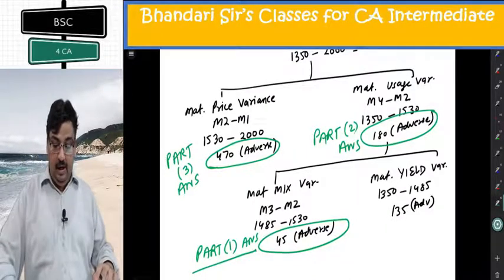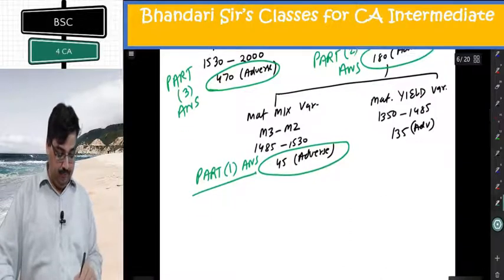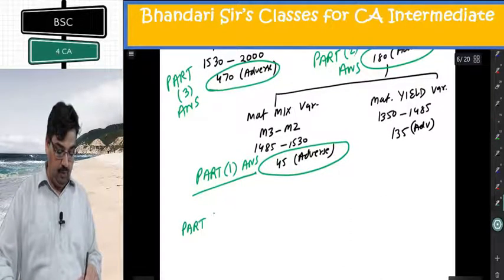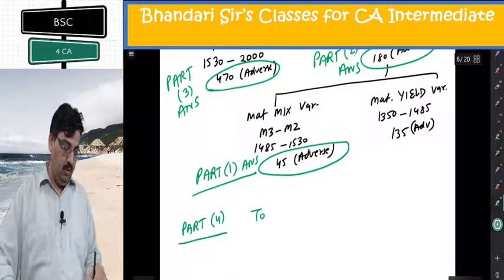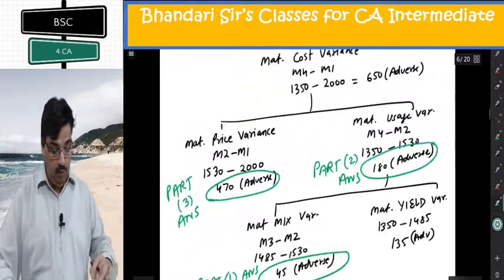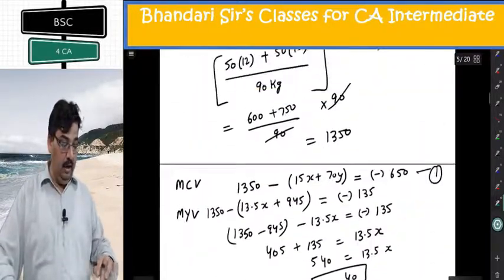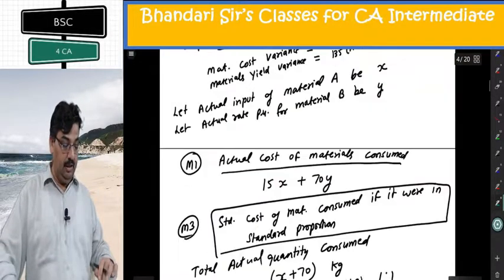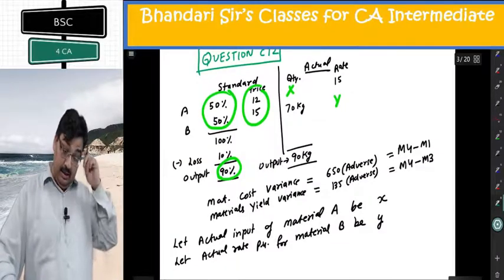Fourth part wanted actual loss of actual input. Here I am writing part 4. Total actual input. We were given one input. Look at the basic table. 70 kg for B was given.